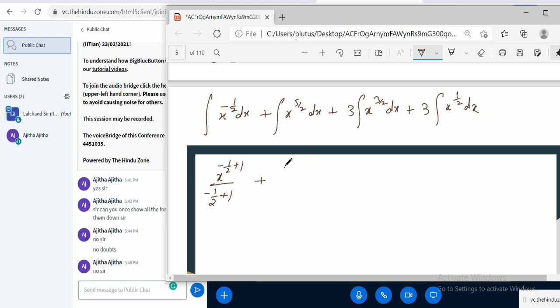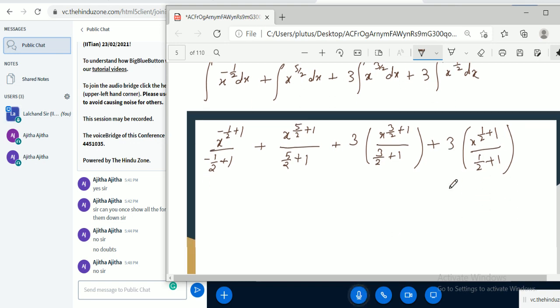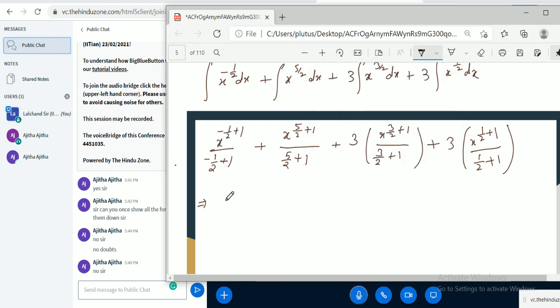The next term will be x to the power 5 by 2 plus 1 divided by 5 by 2 plus 1, and this term will be 3 into x to the power 3 by 2 plus 1 divided by 3 by 2 plus 1, and this term will be 3 into x to the power 1 by 2 plus 1 divided by 1 by 2 plus 1, isn't it? So if we simplify all these terms, then we get x to the power 1 by 2 divided by 1 by 2.